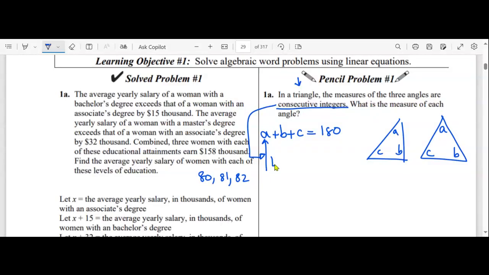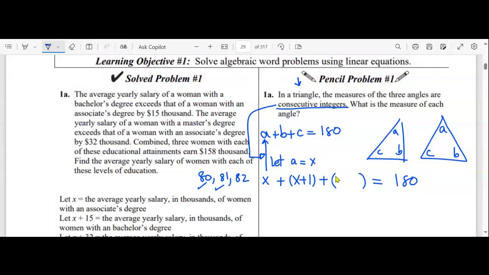X. Right. So let A equal X. Now I'm going to replace A by X. What will be the next angle? If the first is 80, the second is 81, so it's going to be X plus 1. Next one? X plus 2.